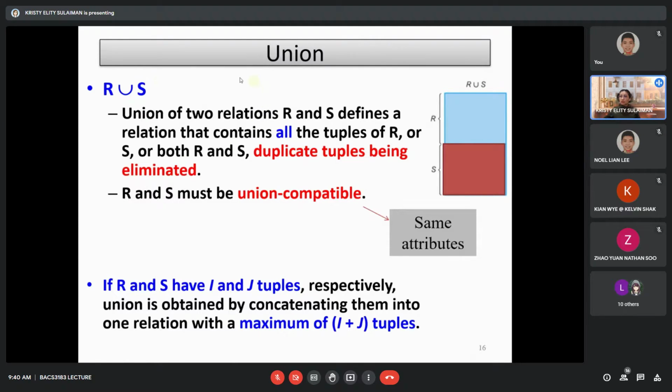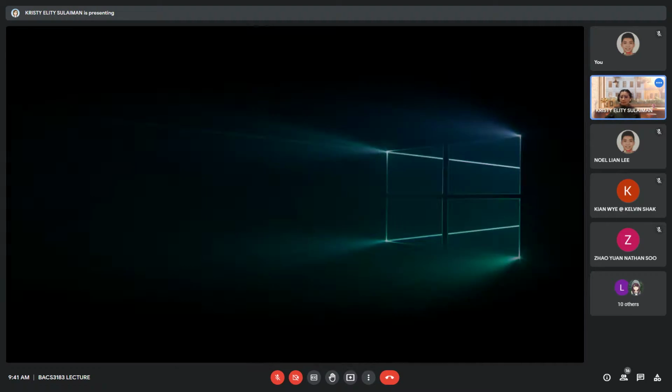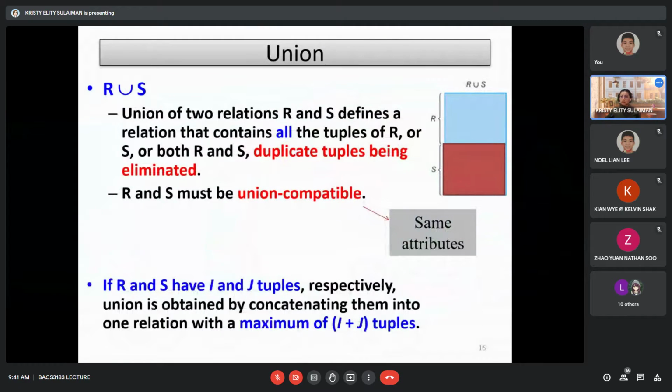The operation is this, U. So union of two relations R and S defines a relation that contains all the rows of R or S or both R and S. So duplicates will be eliminated.